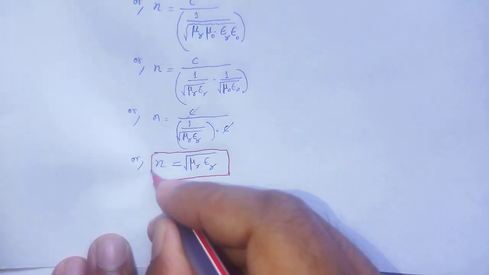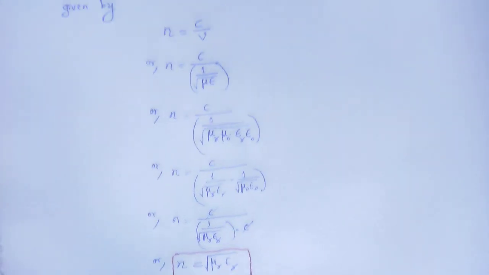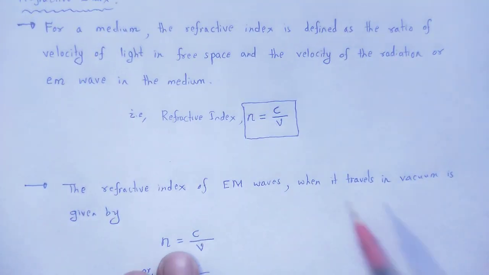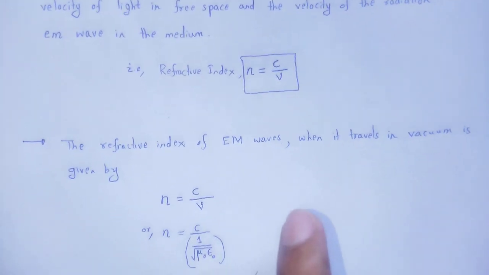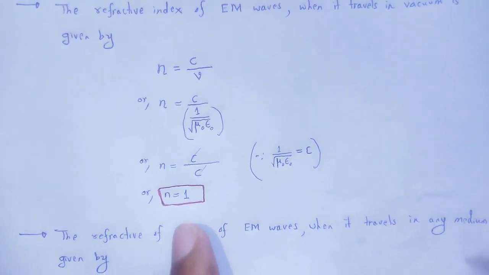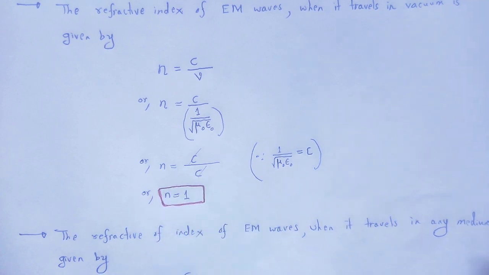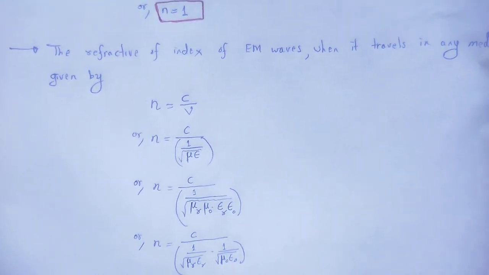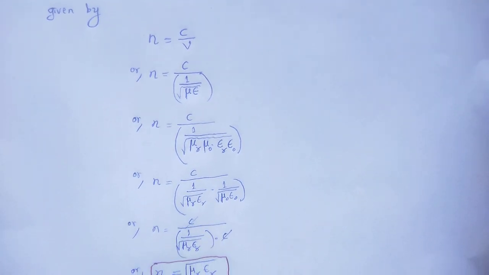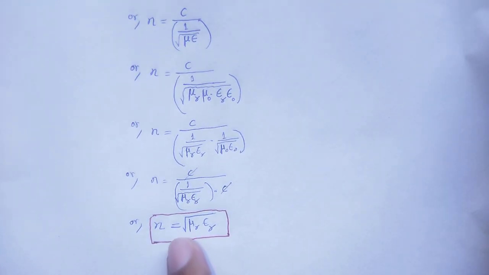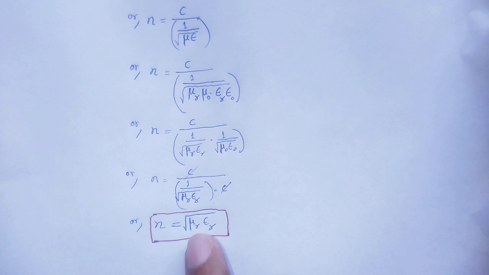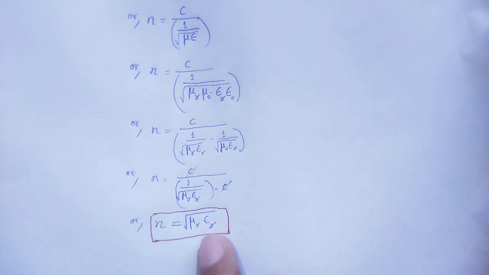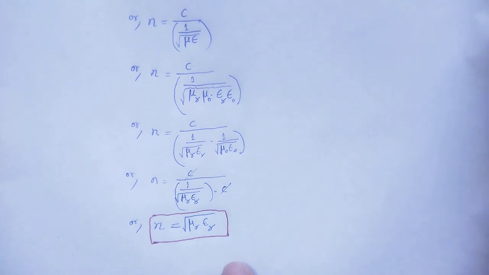So, here by taking the definition of refractive index, we calculated the refractive index of electromagnetic waves when they travel in vacuum, which is equal to 1, and when they travel in any medium, which is under root of mu r epsilon r, where mu r is the relative permeability and epsilon r the relative permittivity.